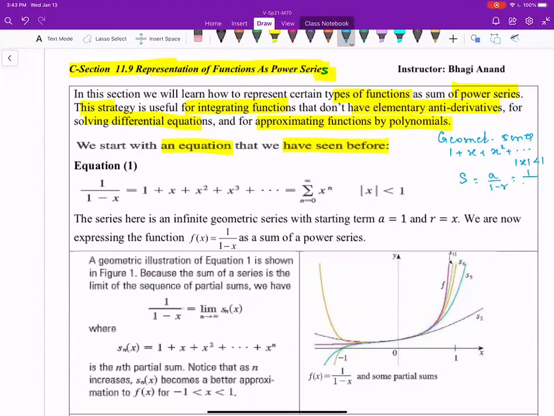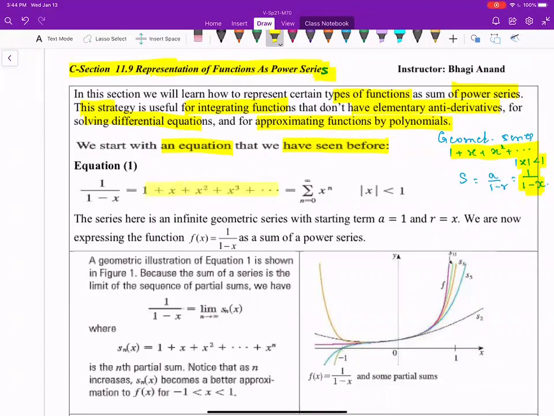A is 1, and the common ratio is x. So we can write the function 1 over 1 minus x in this way, 1 plus x squared and so on in the expanded way, when absolute x is less than 1. So 1 over 1 minus x is written as 1 plus x squared, x cubed, etc.